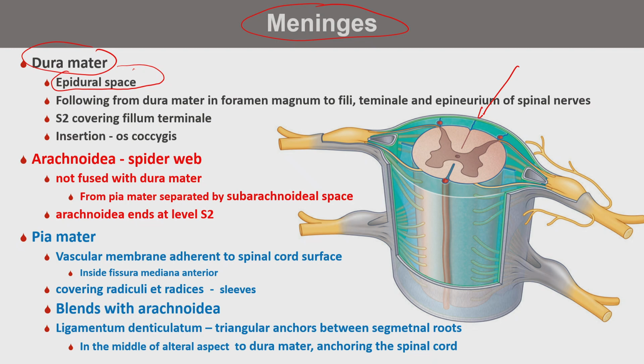We know there is fatty tissue and veins, and the dura mater is following the dura mater of the intracranial space, but then is followed by only one layer, which is the meningeal layer. And then the dura mater is going down till the end of the dural sac, we know, at S2 level, and then is covering the filum terminale up to the coccygeal insertion.